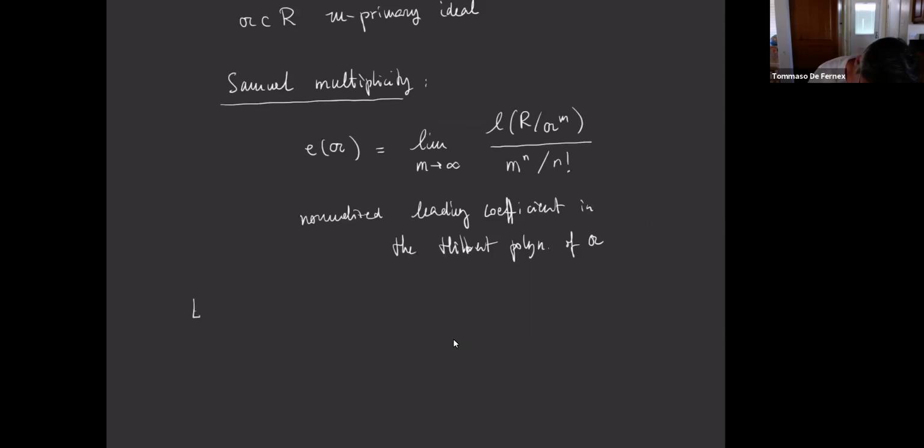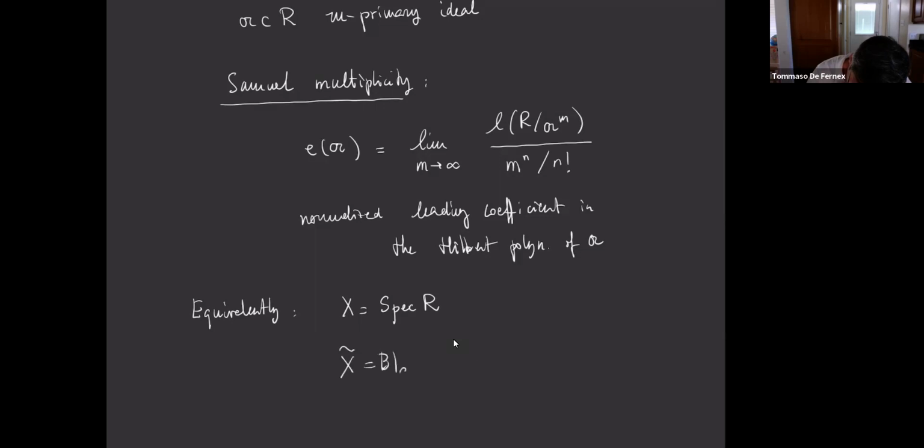Equivalently, you can also see, suppose that R is a local ring of a variety. So let me just call X now the spec of R. And then I'm going to look at the blow up.